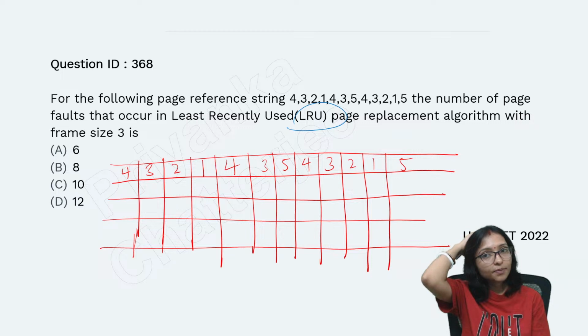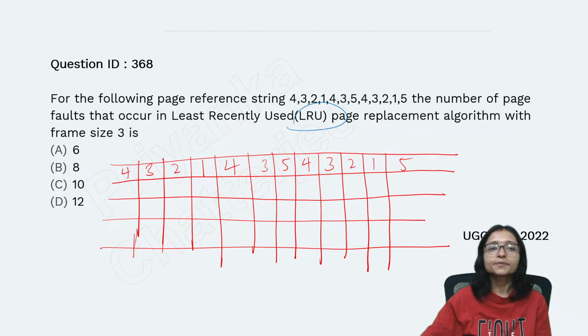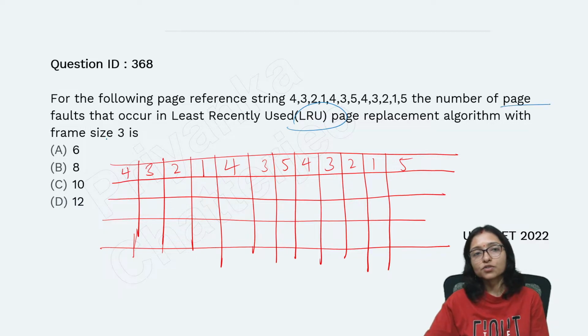LRU, page replacement using frame size 3. What will be the page fault? How many page faults? Least recently used.